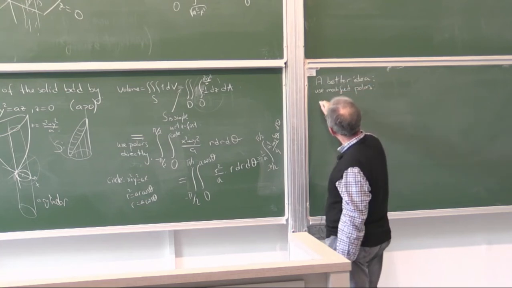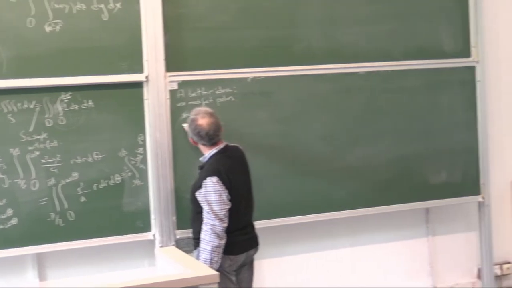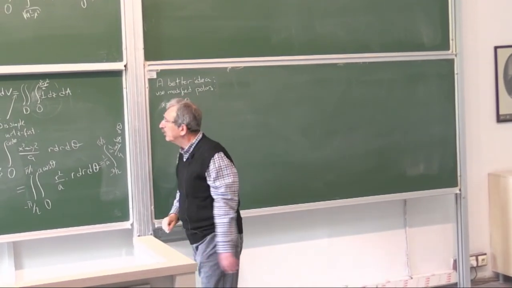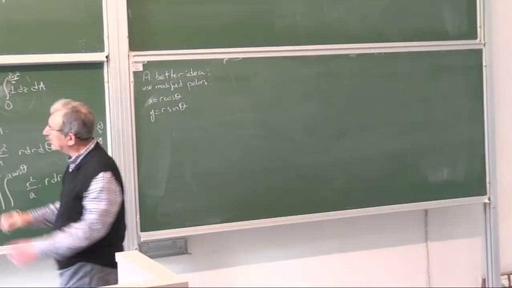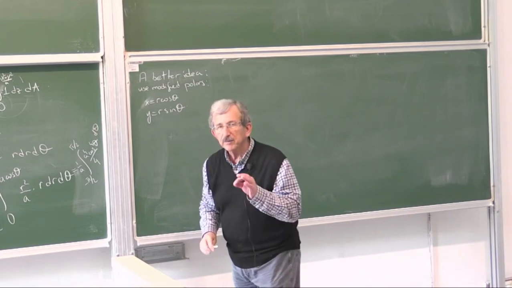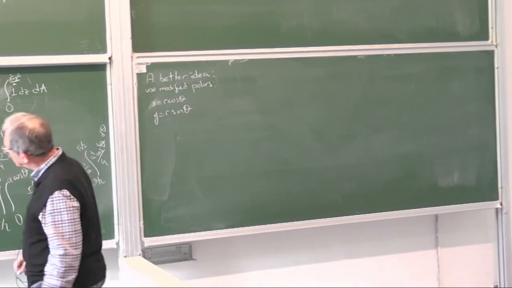Okay, what does that mean? X is our cosine theta, and y is our sine theta, but we modify it so that the circle sits at the origin. Its center sits at the origin. Well, how do we manage that?